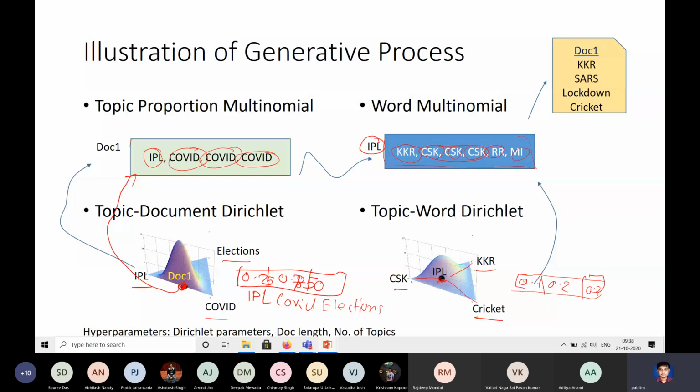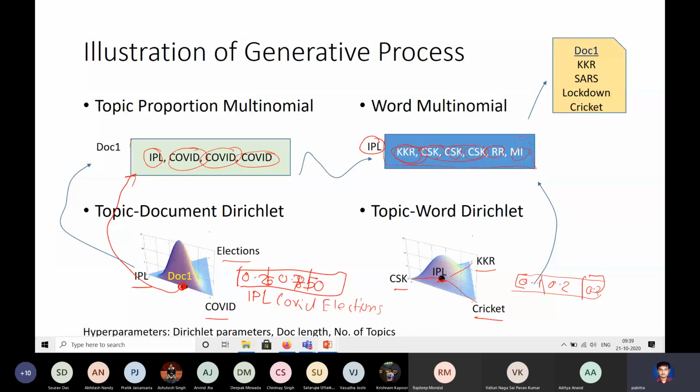Let's say I pick up the KKR ball. According to this probability, the ball which has more multiplicity will have higher probability, and the multiplicity comes from these factors.